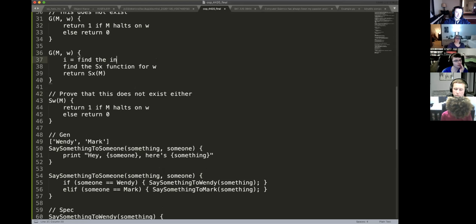So find the index of the S function for W, which is the same thing as saying find that function. I don't think she would take your points for that. She did say that you have to show that it's always possible to find that index. It says so in the question, where it literally says, we say that such a problem is decidable for every W.